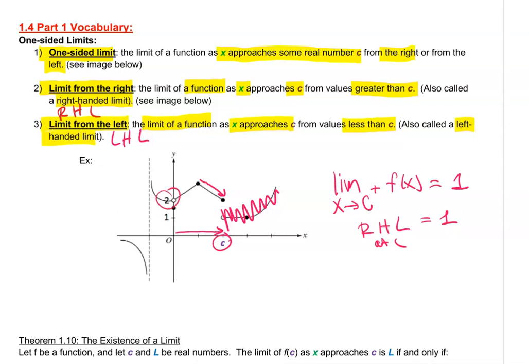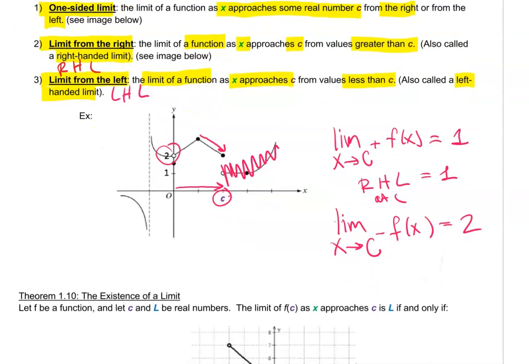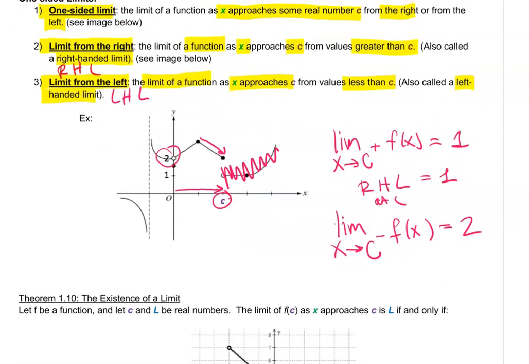The y values for the function are approaching 2. So we could say that the limit as x approaches c, with a little minus sign as a superscript, which means I'm approaching c from the left, has a value of 2. So the left-hand limit at c would be 2.